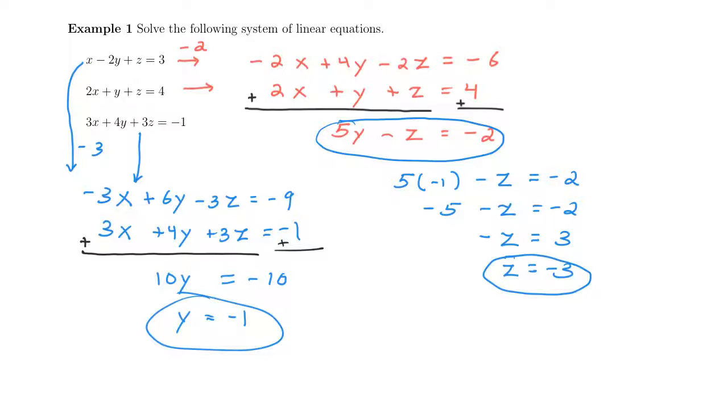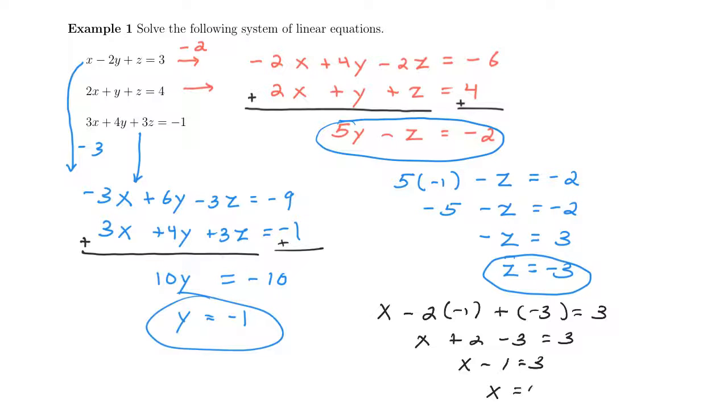So let's work that out below here. I don't know my x. I do know that it's x minus 2 times -1 plus -3 is equal to 3, or x plus 2 minus 3 is 3. So x minus 1 is equal to 3. x is equal to 4.